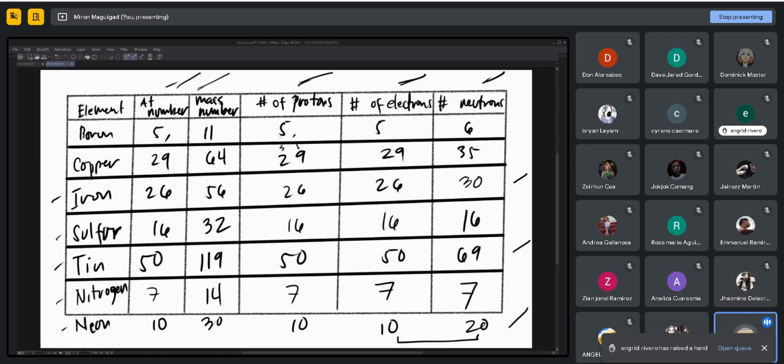Magpo-plus 1 na lang tayo. Okay? Si sulfur, nitrogen, wag na nating anuhan yan. Mapasensya na, nagkamali ako dun sa sample. So, meron tayong iron, tin and neon na nasagutan. Okay, 9 points plus 1 yun.